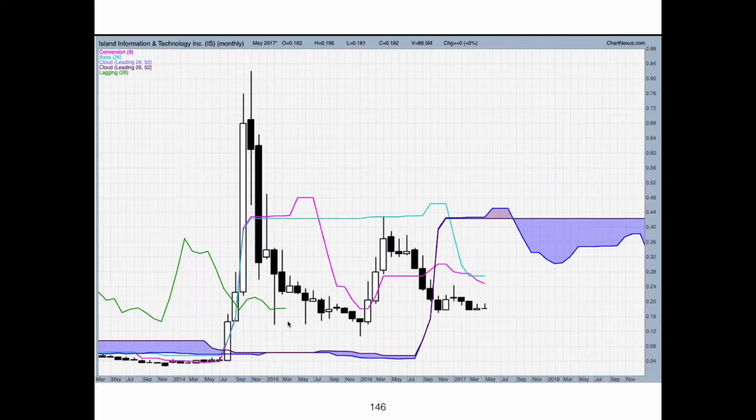Now in this chart of IS, we're always talking about the monthly chart from this point on when measuring price targets, because we want to know the maximum price target for the run. So we see that the Kijun-sen is the strongest resistance at the 43-cent level. This is what price hit and then dropped back down.